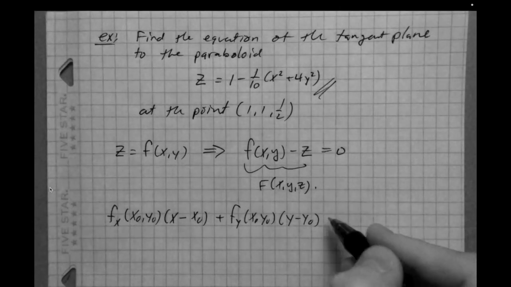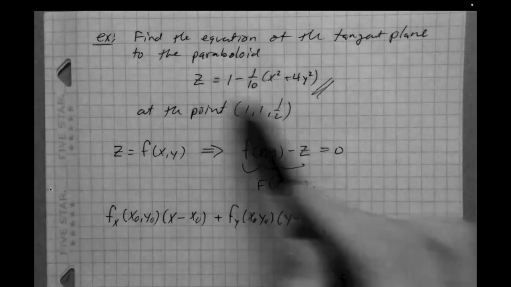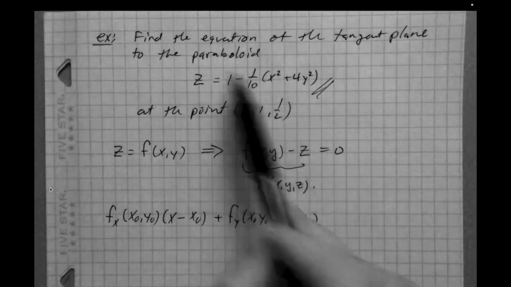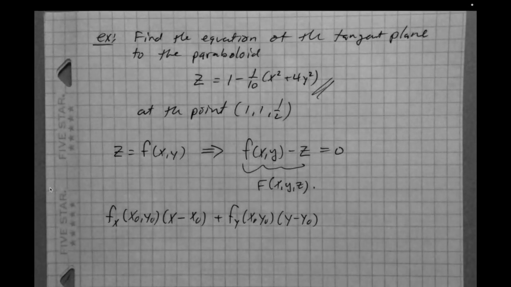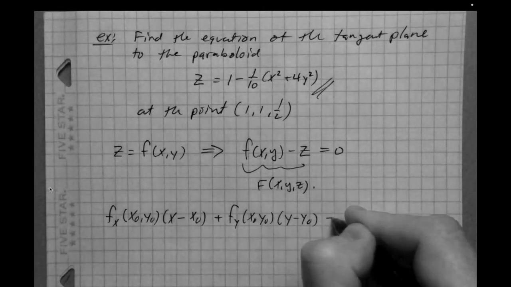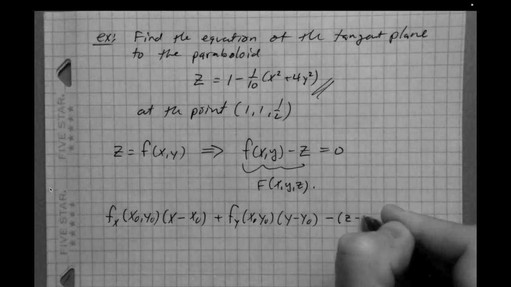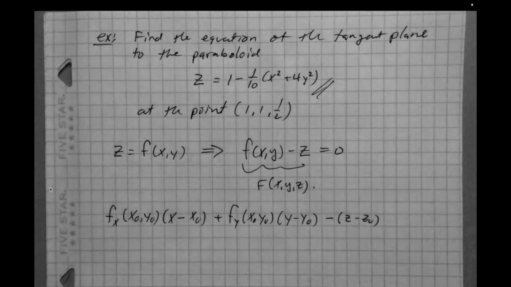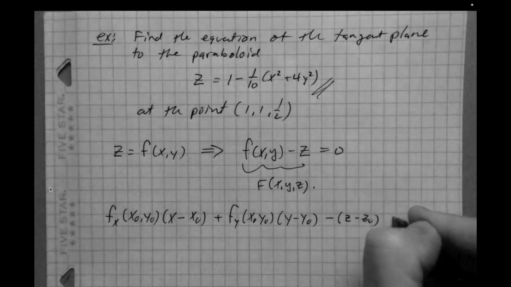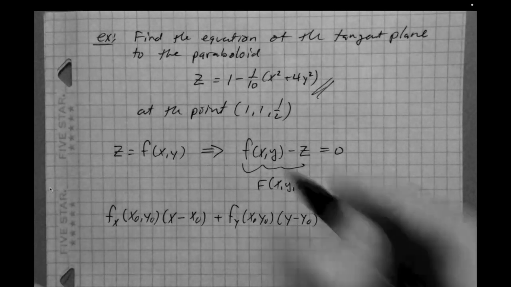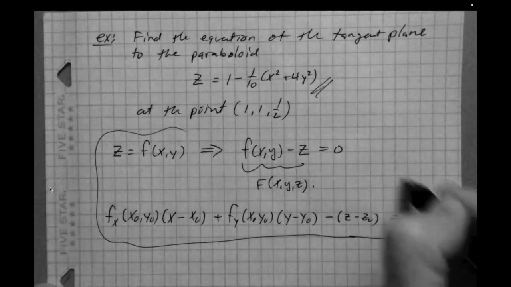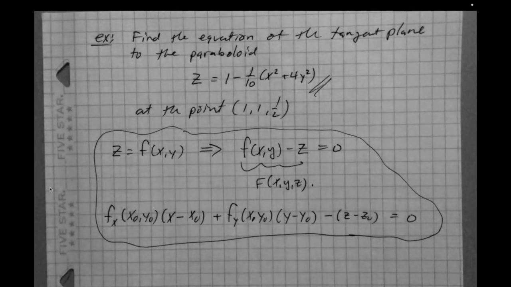And then, because z is written as a function of x and y, what we would do instead here is go minus z naught. Okay, and then this whole thing is equal to 0. So this is how we would have to augment the previous theorem in order to handle writing the expression in this way. But it's not a problem.